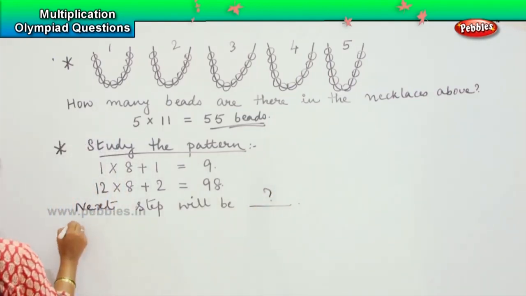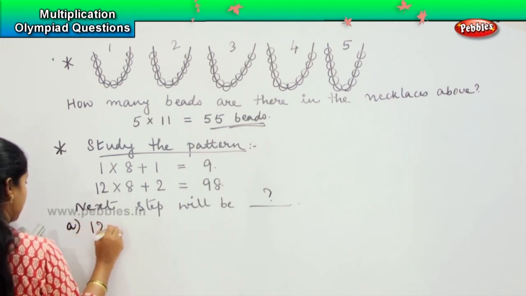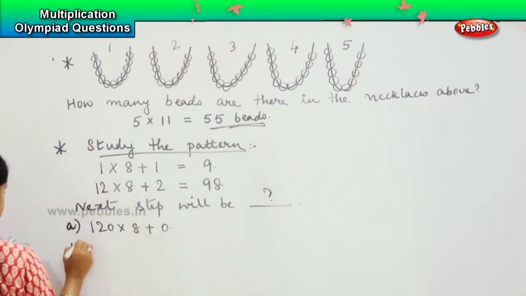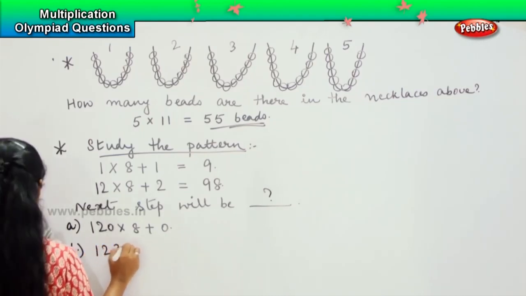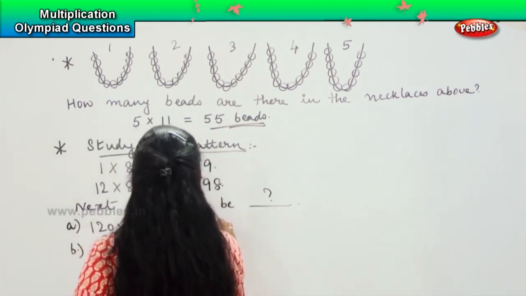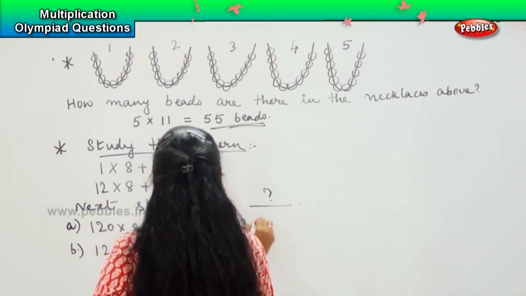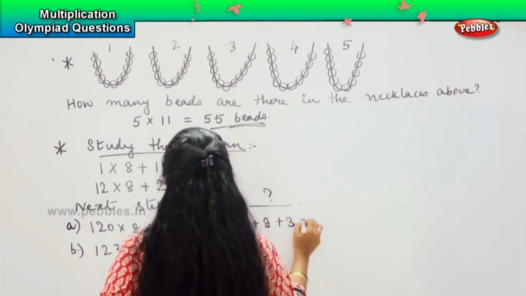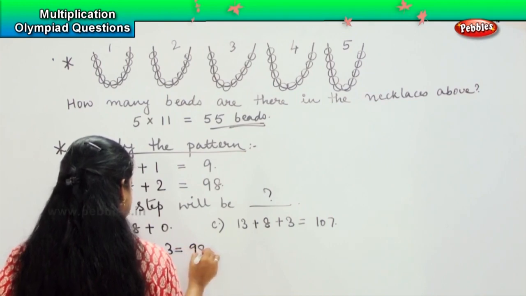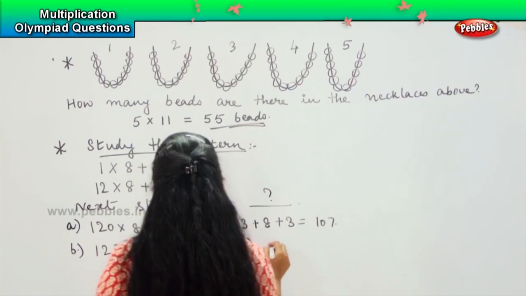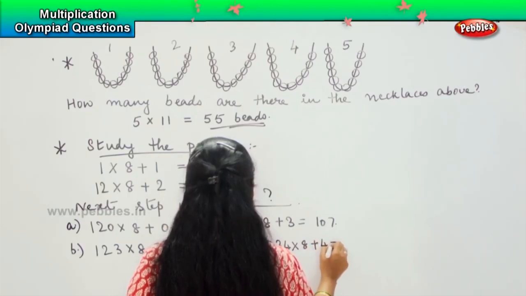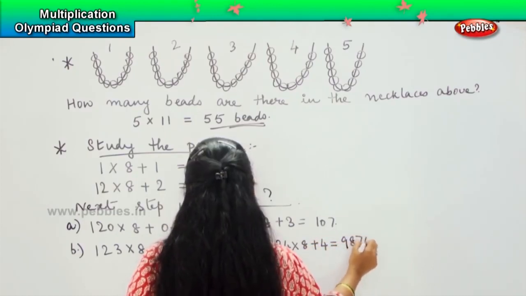Okay, and your options are: 120 into 8 plus 0, 123 into 8 plus 3, option C, 13 into 8 plus 3 equals 107, and option D, 1234 into 8 plus 4 is equal to 9876.